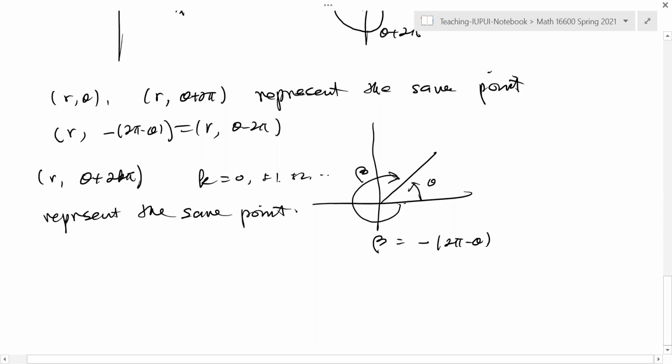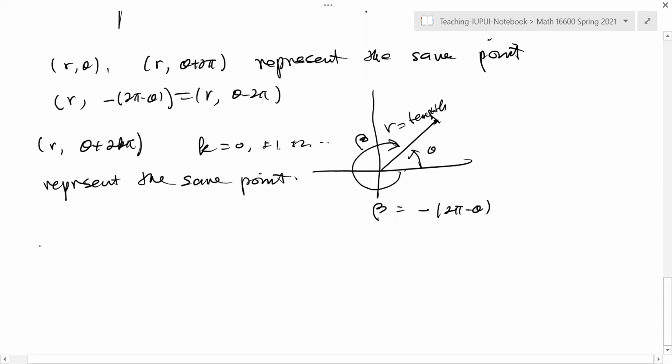Right now r is positive. r represents the length, so it's positive. But we'll talk about why we can allow r to be negative later on.